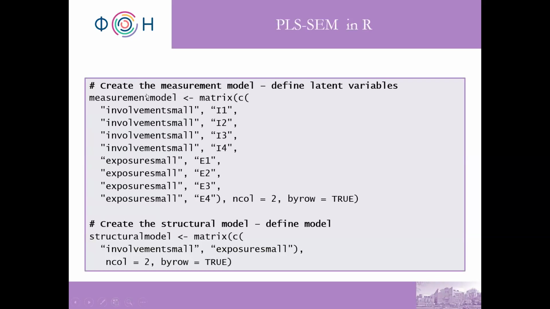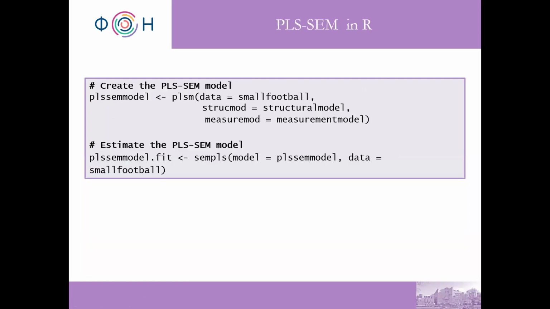So first we have to make the measurement model to define our latent variables, and then create a model to define our structural model, or the relationship between our latent variables. So more or less, this part is the same. We first have to create our model, tell what is the structural model, what is the measurement model, and then we estimate the model itself.